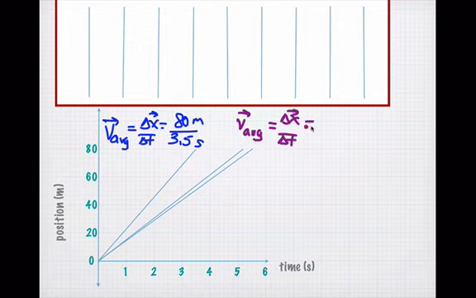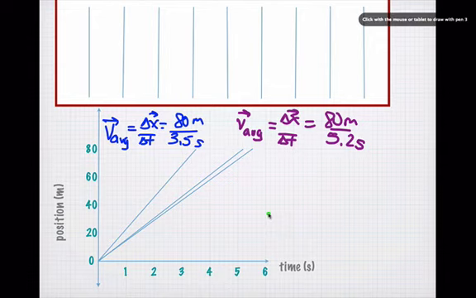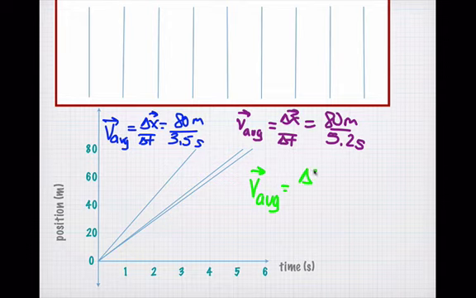It was a slower time, about 5.1 seconds, maybe 5.2 seconds. And then lastly, the green car: again, to find its average velocity, we have delta x over delta t, same 80 meters, but this time it took about 5.5 seconds.